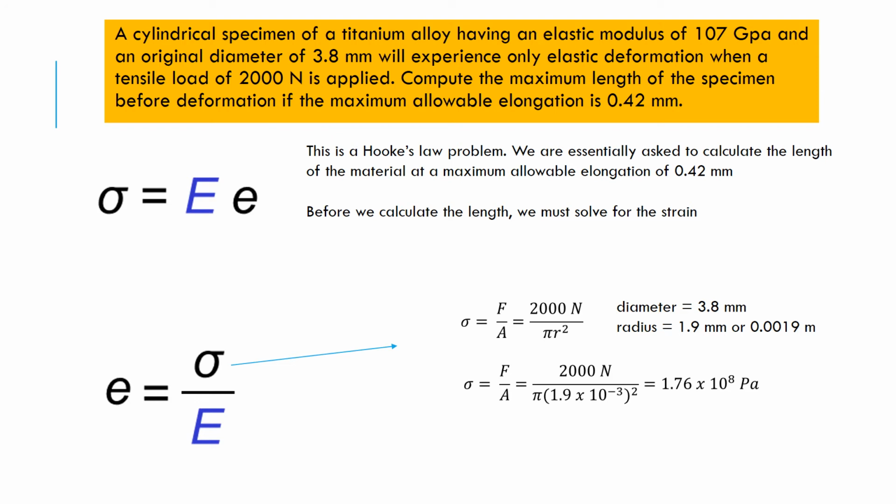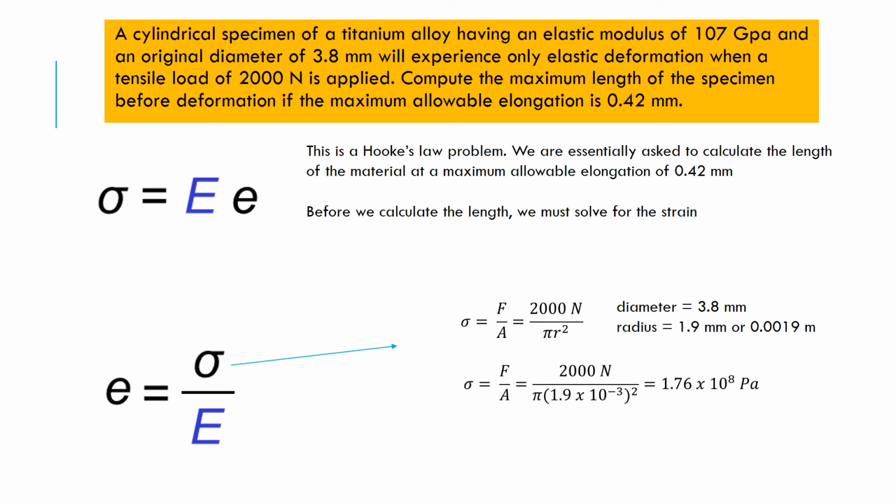So strain is equal to the engineering stress divided by the Young's modulus of the material, or the elastic modulus of the material, which of course we know is 107 gigapascals. And so we know E, the big E, we know the elastic modulus. We've got to calculate the engineering stress, which of course is the force applied, or the load applied, divided by the cross-sectional area of the material.